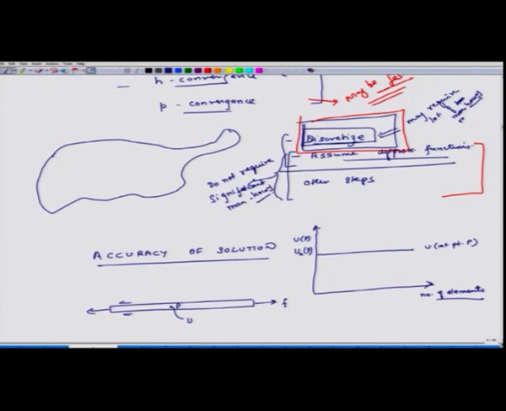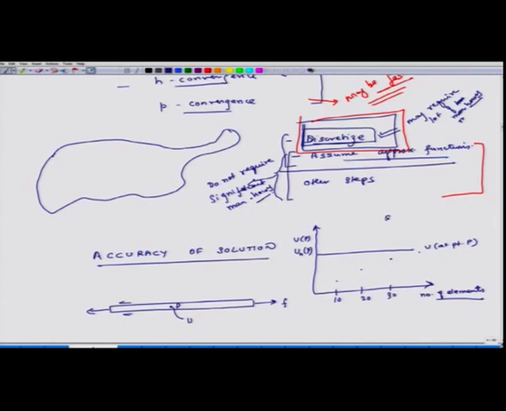Okay. And then what we will find is that when I compute UH, let us say this is number of elements 10, this is 20, this is 30, I will find that these are the values.